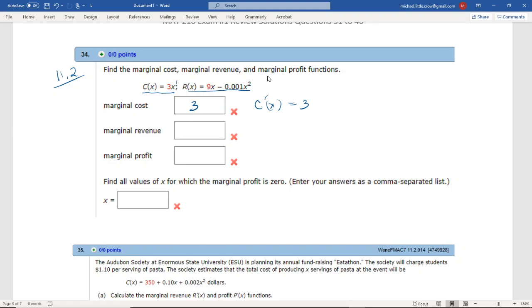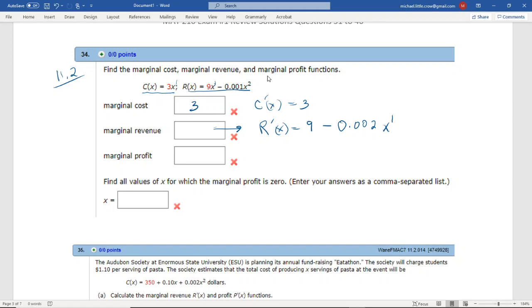The marginal revenue function, so we take the derivative of 9x. There's a 1 here, 1 times 9 is 9, x to the 0 is 1. There's a 2 here, so the 2 comes down, 2 times negative 0.01 is negative 0.002. 2 minus 1 is 1, x to the 1 power. So there's our marginal revenue function.